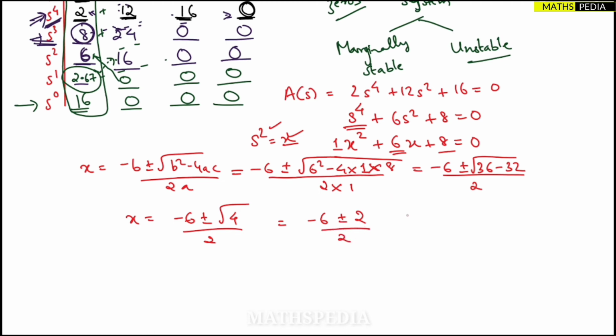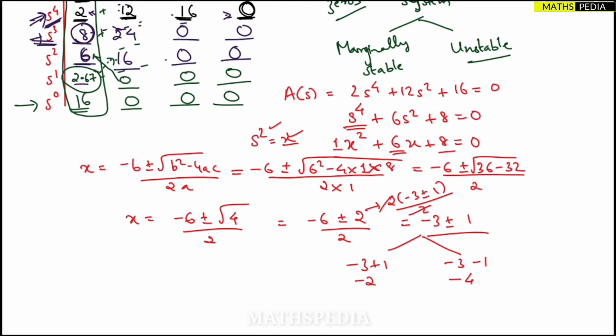So 2 I can take common, so this becomes minus 3 plus or minus 1, correct. Basically I have taken 2 common, and 2 cancels, that's why it is minus 3 plus or minus 1. That means I can take minus 3 plus 1 and minus 3 minus 1. Minus 3 plus 1 will be minus 2. Minus 3 minus 1 will be minus 4.